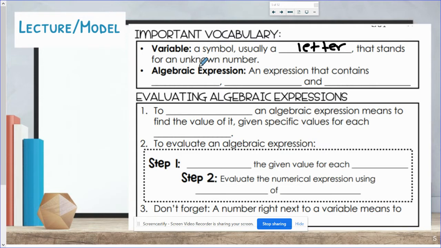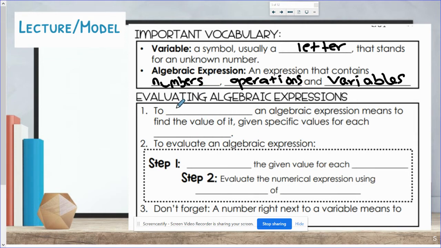An algebraic expression contains numbers, operations, and variables. I do want to point out, it does not have to contain numbers. It can just be all variables, but usually it does contain numbers.